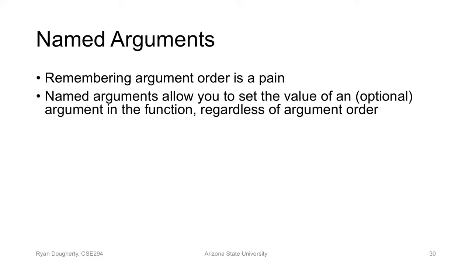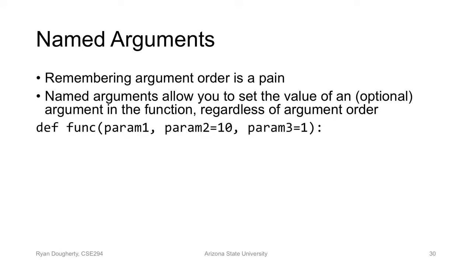But if you want to assign directly to it, when you call it, you say the name of that optional variable equals the value that you want. So just as an example, this is my function which takes in one mandatory argument, but it can take in two more if necessary. So param1 is obviously required, param2 has the default value of 10, param3 has the default value of 1. But I could change those if I wanted to.